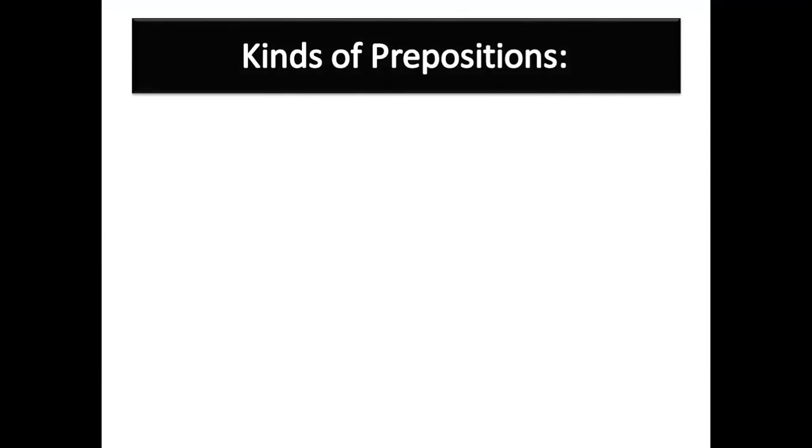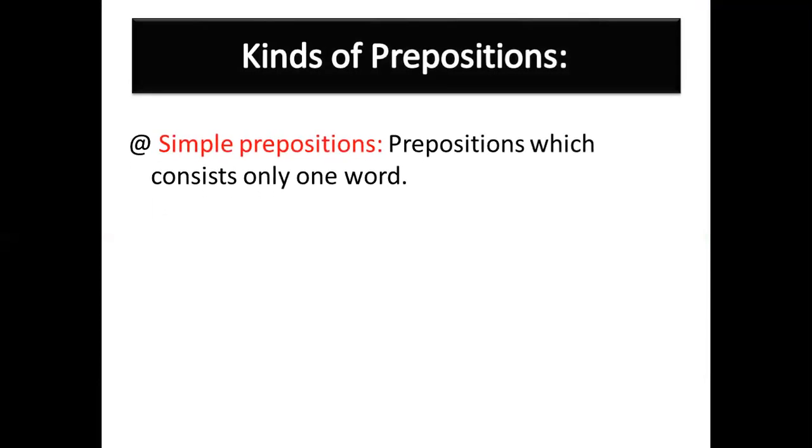Now, kinds of preposition. When we talk about kinds of preposition, first one is simple prepositions. Simple prepositions are those prepositions which consist of only one word. Means there is only one word. For example, in, on, at, with, over, through, under, above, and so on.